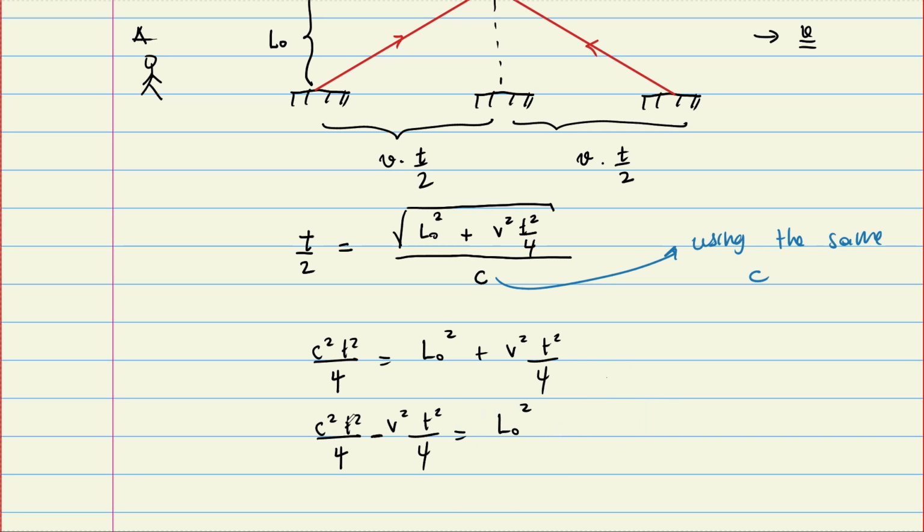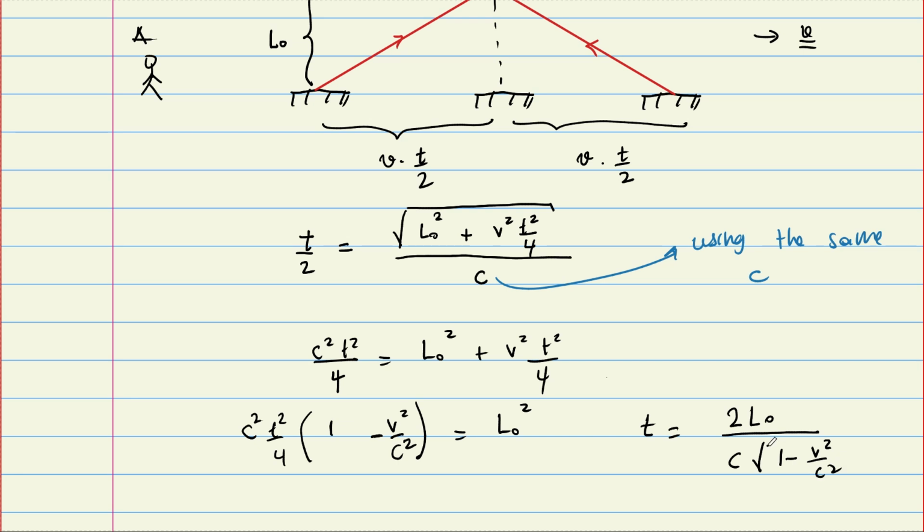And I want to take it in the parentheses of t squared over 4, and I actually want to take c squared in parentheses too. This is 1 over c squared. And now I find t is going to be 2 L naught divided by c times the square root of 1 minus v squared over c squared. Good? Any objections?